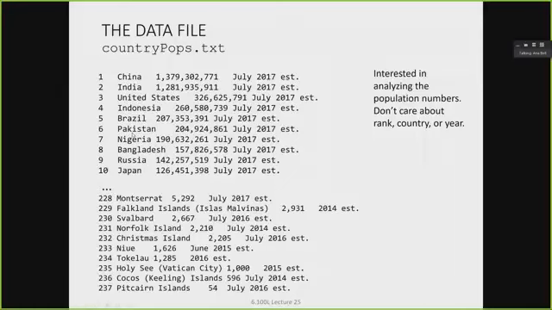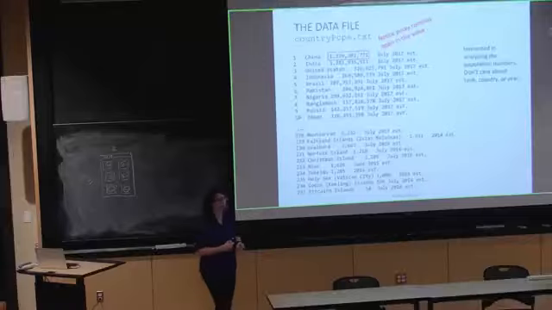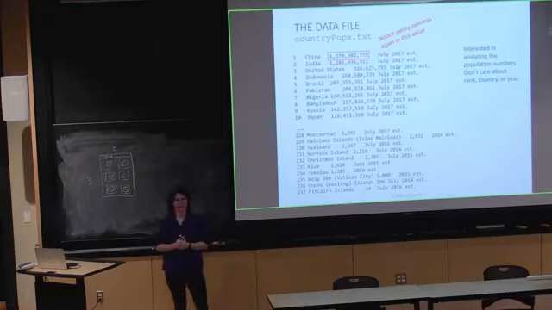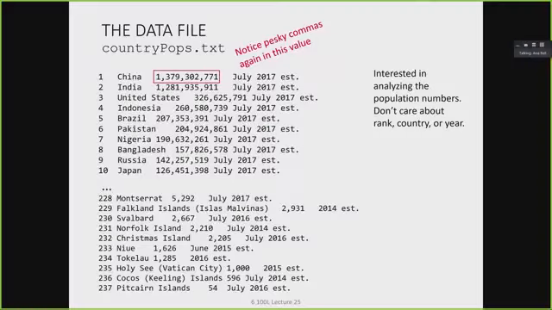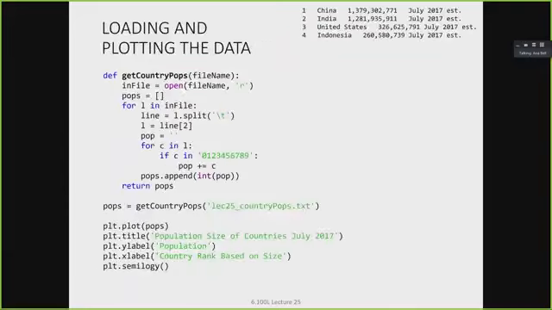All the code that reads in the file will only be interested in extracting the population value. And notice, once again, we've got commas in the population values, so we're going to use the same trick to get rid of those. Again, it's a nice human-readable format, but not so good for reading in the file and dealing with the data itself, so we're going to have to take care of that when we read in.